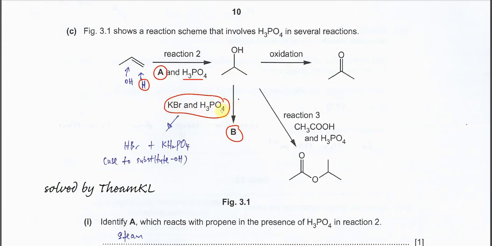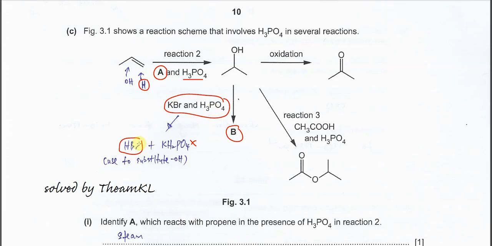This mixture is telling us HBr will form, because when KBr and this acid react, HBr will form. Of course this salt we no need to really know. The key is when KBr reacts with this phosphoric acid, it will form HBr.